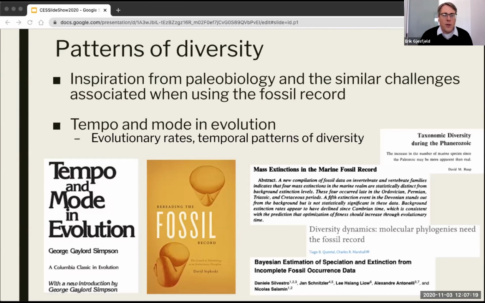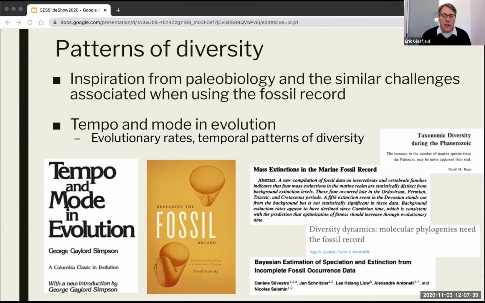When using historical and sparse data, like fossil data, or in my case archaeological data, the focus should be more on reconstructing rates of evolutionary change and getting a broad picture of the temporal patterns of diversity.